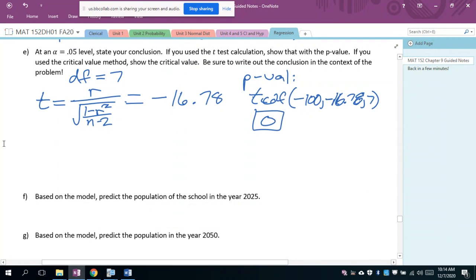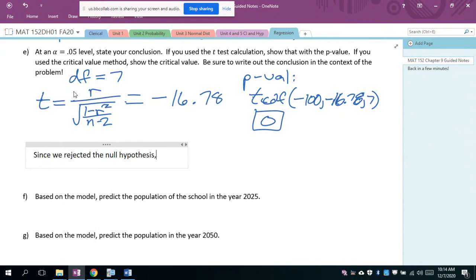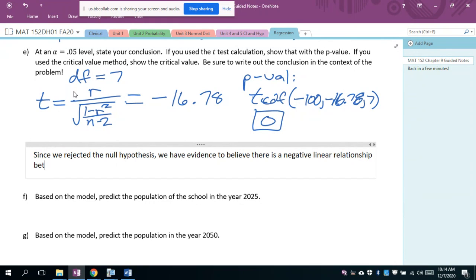So basically, since we rejected the null, we have evidence there is a negative linear relationship between the year and student enrollment.